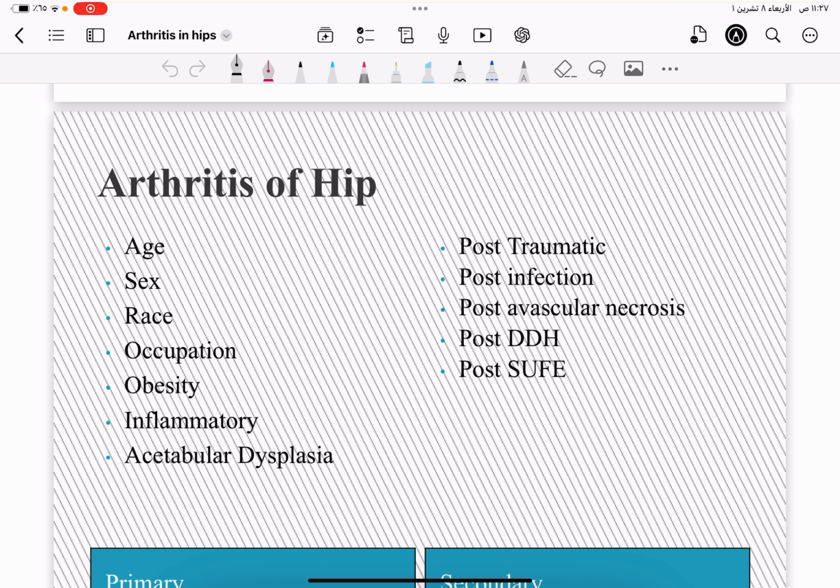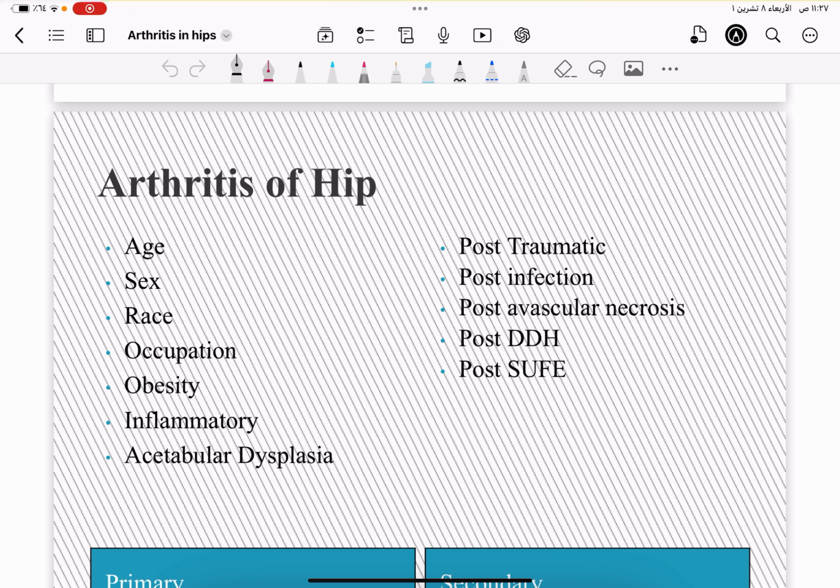They have a primary problem, and that will cause secondary and early degeneration. So these patients will have arthritis in a younger age group, in the 30s, 40s and 50s, while age-related would be in the 60s, 70s and 80s. That's what we call primary and secondary.